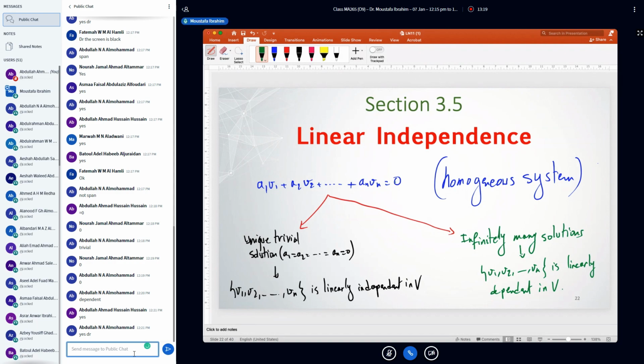Please, all of you, take a screenshot, keep it. How to prove that a set of vectors is linearly dependent or independent. Independent means we have a unique trivial solution. Dependent means we have infinitely many solutions. How will we do it? We will do it using REF, as we did for span.